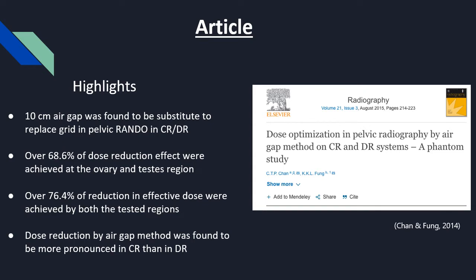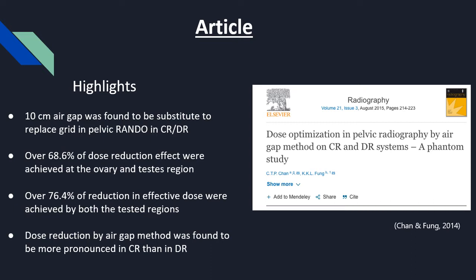The highlights of this article were that a 10 centimeter air gap was found to be a substitute to replace the grid in pelvic Rando, CR and DR. Rando is the type of phantom they use in the study.